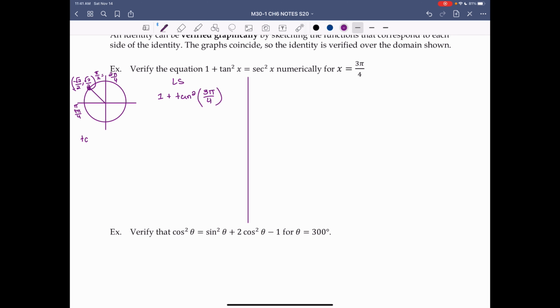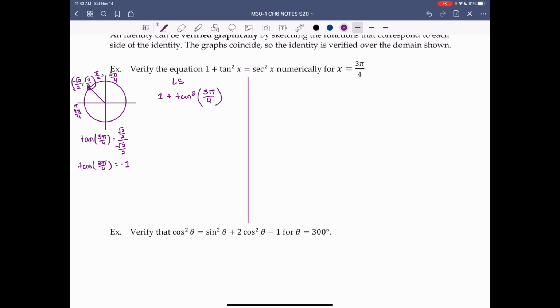Then tan of 3 pi over 4, tan is opposite over adjacent, which is the y value, root 2 over 2, divided by negative root 2 over 2. Since we're dividing a number by its negative, we would get tan of 3 pi over 4 equals negative 1.